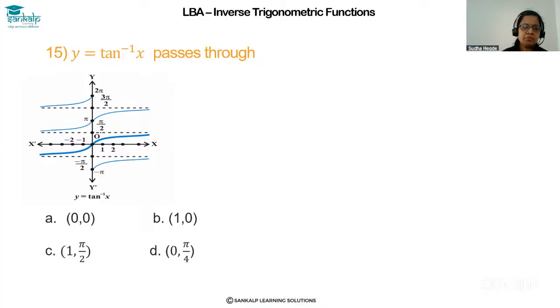So see the graph of y is equal to tan inverse x. At 0, pi by 2, 3 pi by 2, 2 pi. Same way, minus pi by 2, minus pi, we have the graph.